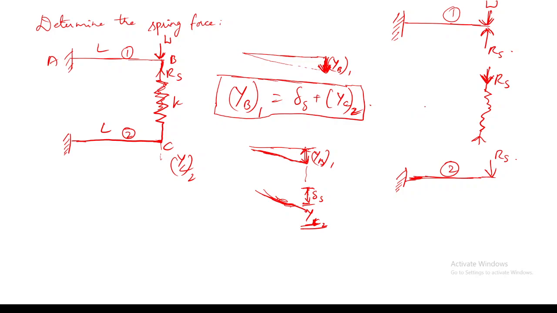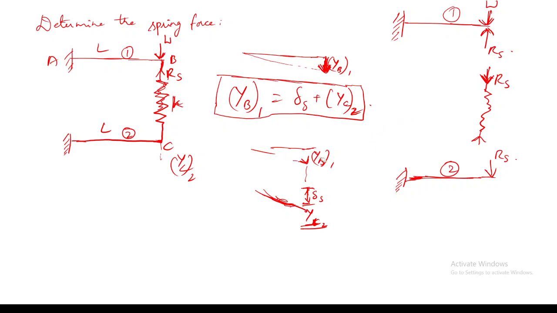Otherwise you can't see this k as some independent quantity, because the same force RS is acting on both the spring as well as this beam 2. Understood or not? Hello? Yes, sir.